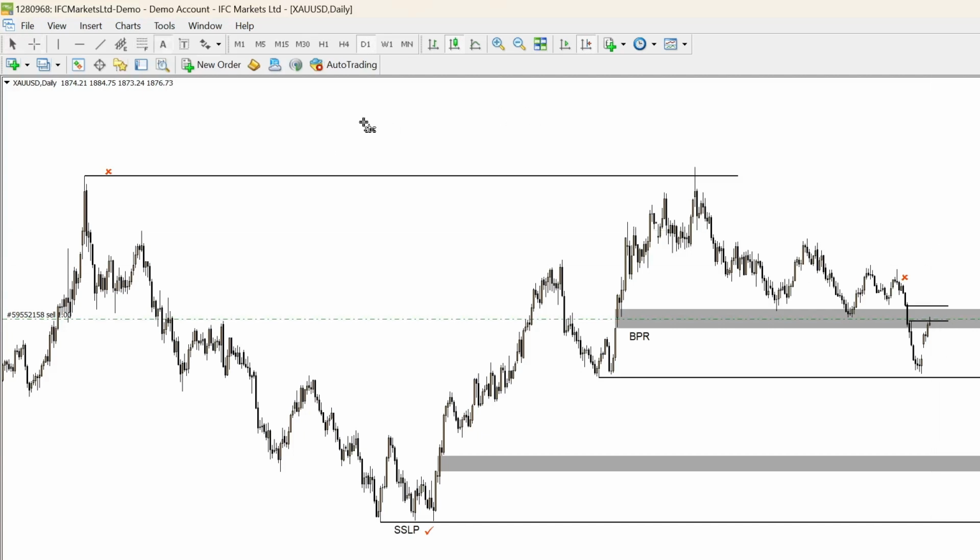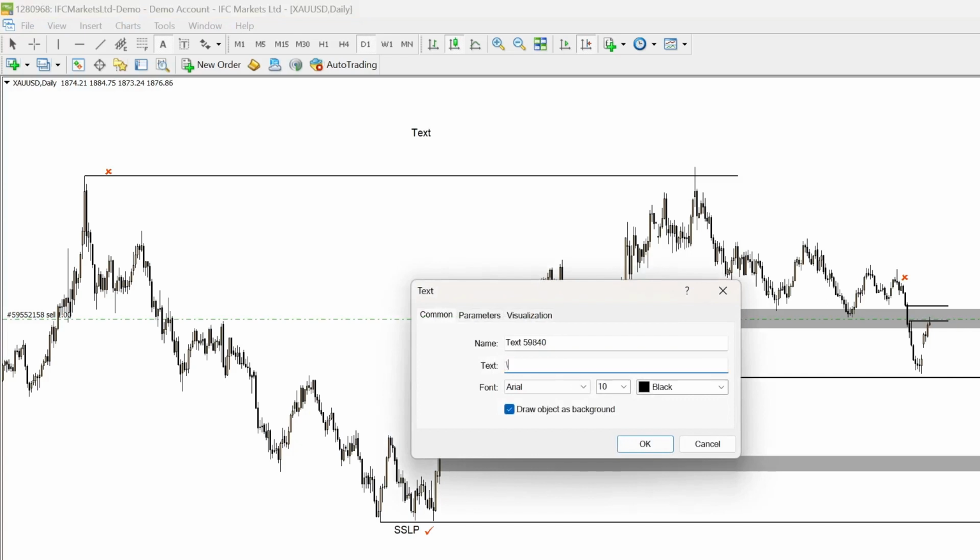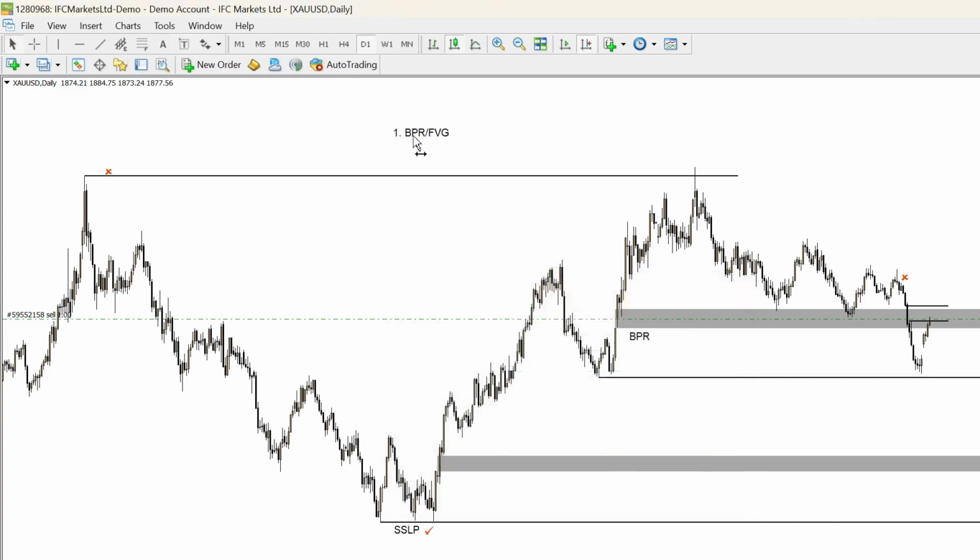I'm actually going to write all this stuff down for you guys. First is the visual representation, so BPR, FVG, so real support and resistance.